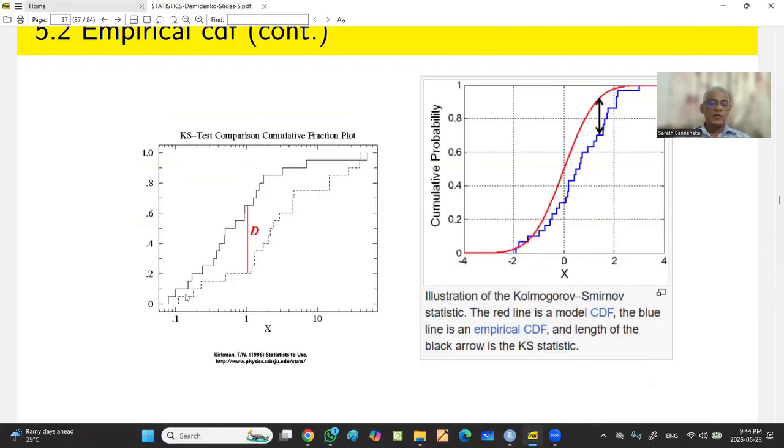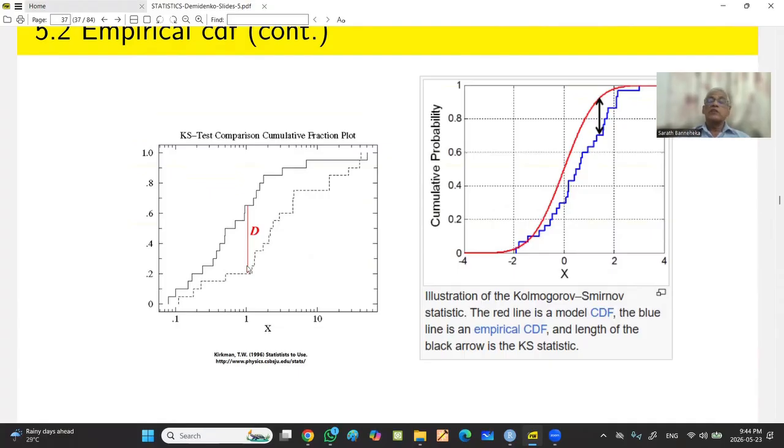But in some places the difference is small, in some places the difference is large. So usually in this case we look at the largest vertical distance. If the largest vertical distance between these two is larger than some pre-specified value, we will decide that the actual distributions of these two random variables are quite different.